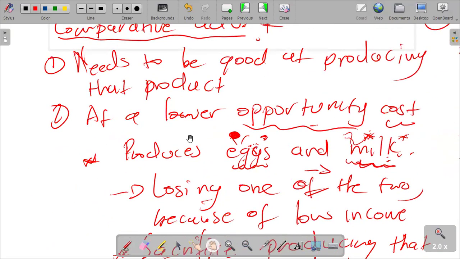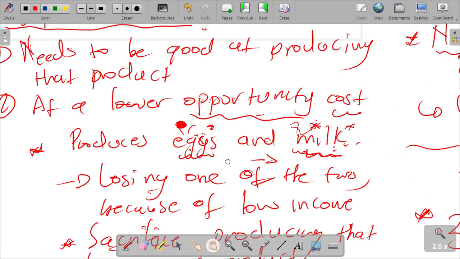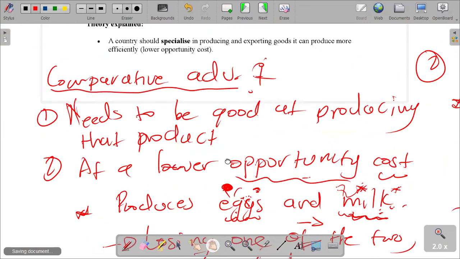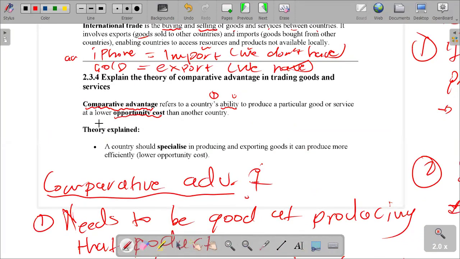It means that if we compare how Nigeria produces their eggs and their milk and how South Africa produces their eggs and their milk, we'll see which country produces one of the products at a much lower price or cost.